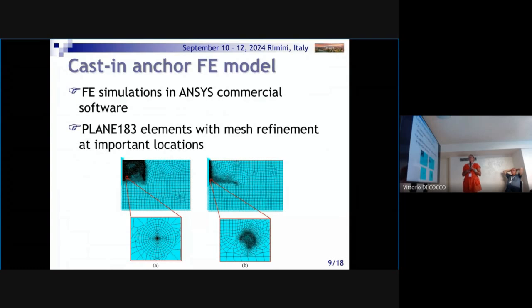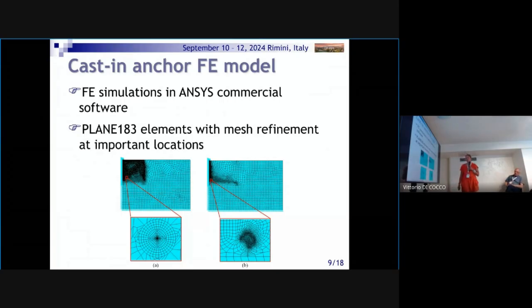And of course, we have to refine the mesh at the important places, such as the crack tip or at the corner of the anchor. Because the geometry of the specimen is quite big, we had to apply this refinement.